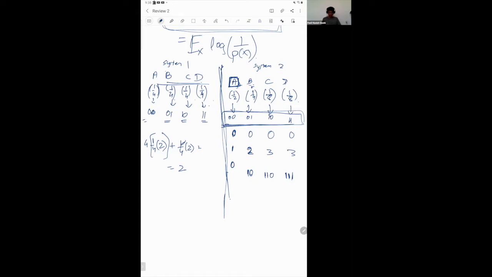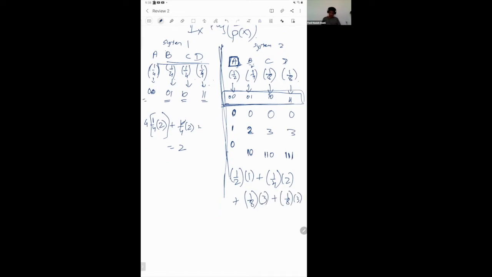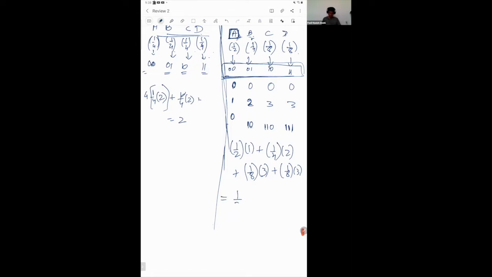Whereas in this system, I'm using half times 1 plus 1 by 4 times 2 plus 1 by 8 times 3 plus 1 by 8 times 3. This is half plus 3 by 4, which is 1.75.